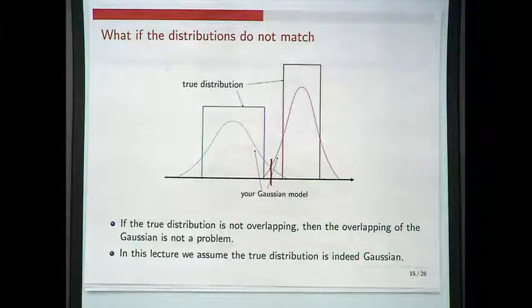The underlying model is Gaussian, and you are so fortunate that you are also using the correct Gaussian. If that happens, then we can clearly quantify the probability of error. If there's a mismatch, there's one more layer of complexity that you need to resolve.